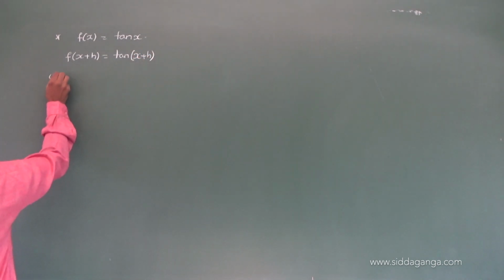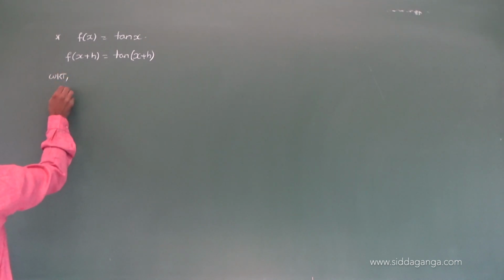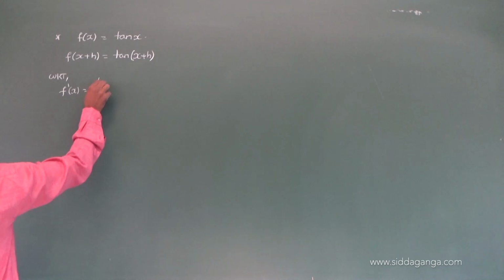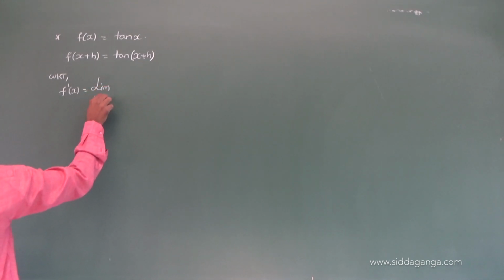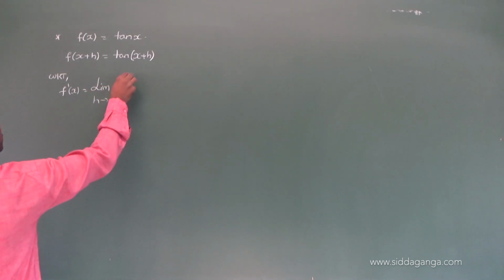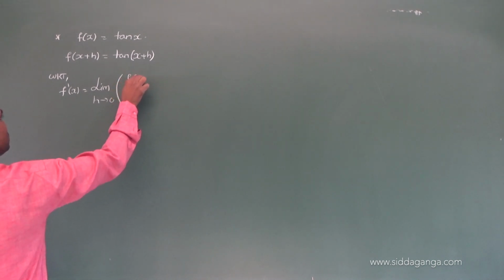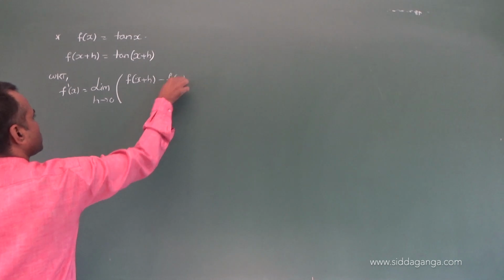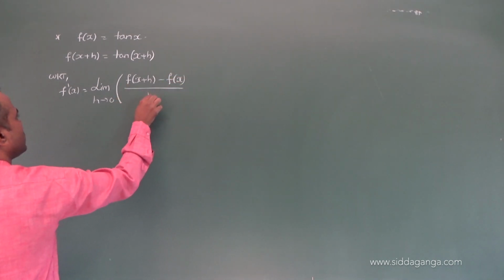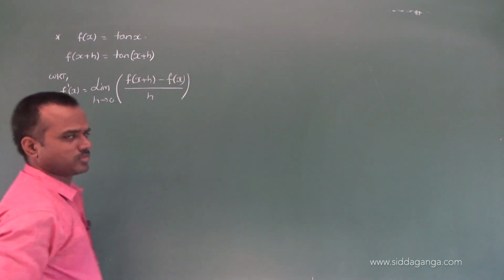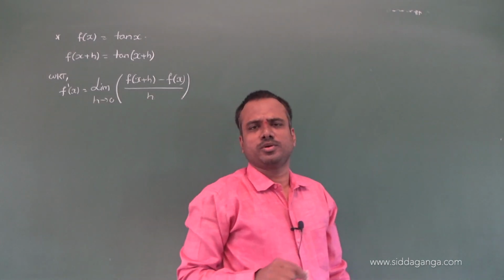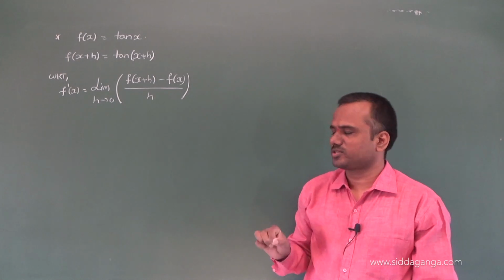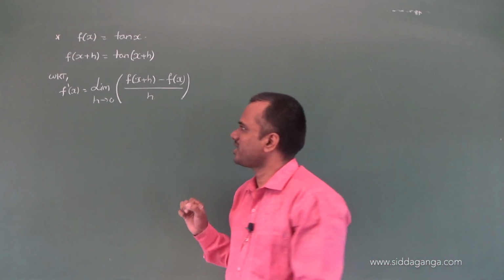We know that f dash of x is limit h tends to 0 of f of x plus h minus f of x, whole divided by h.